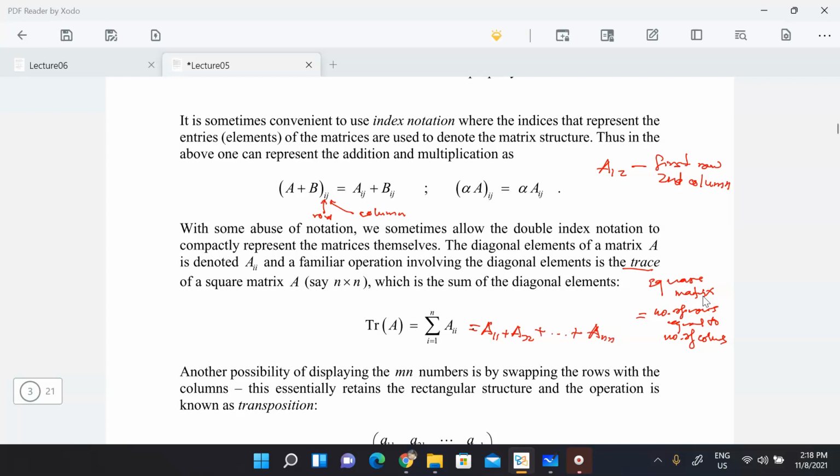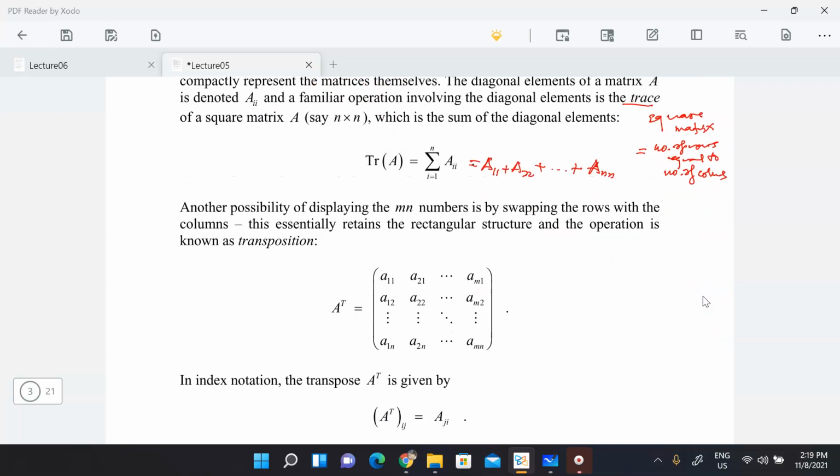Why is this operation defined at all? It has something to do with the character of the matrix itself. Later on when you learn about eigenvalues, this trace of A will be related to some form of the eigenvalues. So these are going to be very important. Eigenvalues actually characterize a matrix.